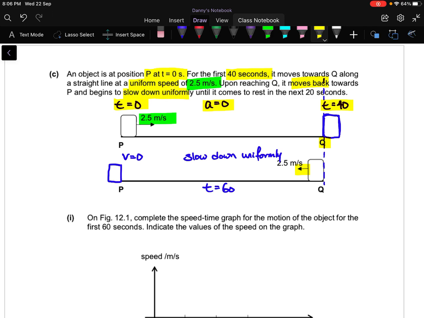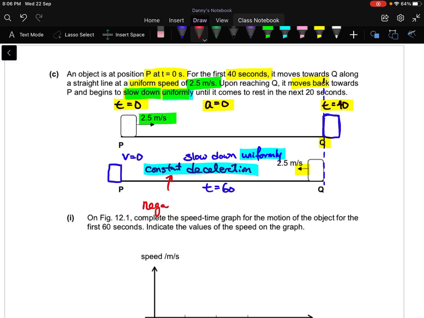And then it says that it slows down uniformly. So what does it mean by slow down? Slow down means that it is deceleration, right? Okay. What is the meaning of uniformly? Well, if it is uniformly, then it means that this deceleration is constant. And what does a constant deceleration mean?